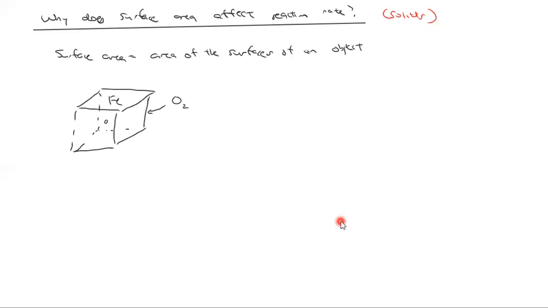Can the oxygen meet the iron in the middle of the box? No, because it's got all this iron in the way. So really, which ions can the oxygen meet? The surface. Exactly. So really, remember, to react, the particles need to collide.